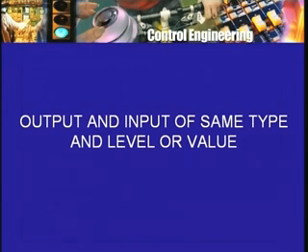So this is volts, that is volts perhaps, or this is degrees, that is degrees, of the same type. Not only that, they may be of the same level, of the same range of values. The reference input is of the order of some volts, say 10 volts, then the output voltage is also of the order of 10 volts. It is only rarely that this happens.